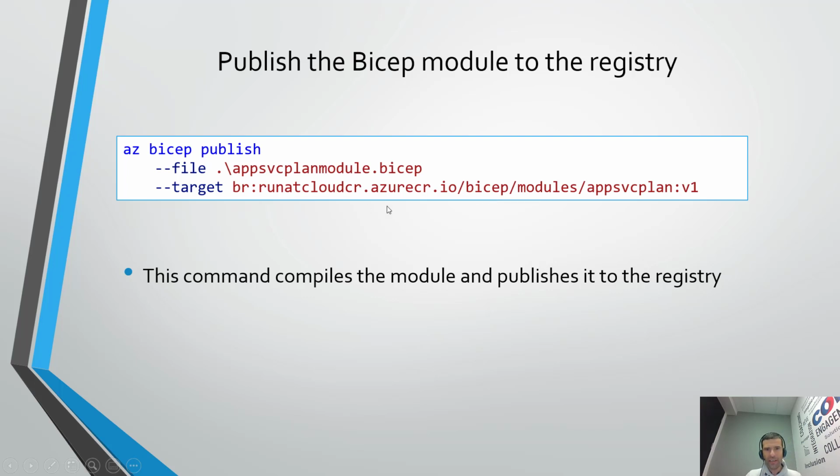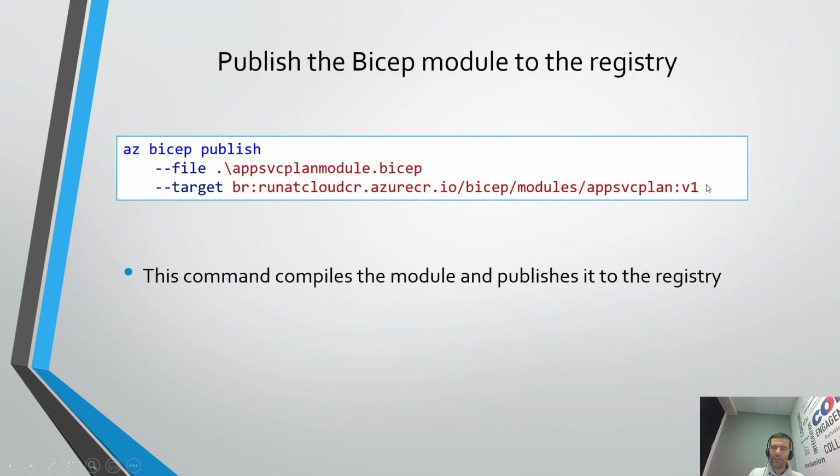Here you can see it's our ACR, and we have a section that we specified here. We created the bicep/module section. Our module name will be app svc plan, and it will be version 1.